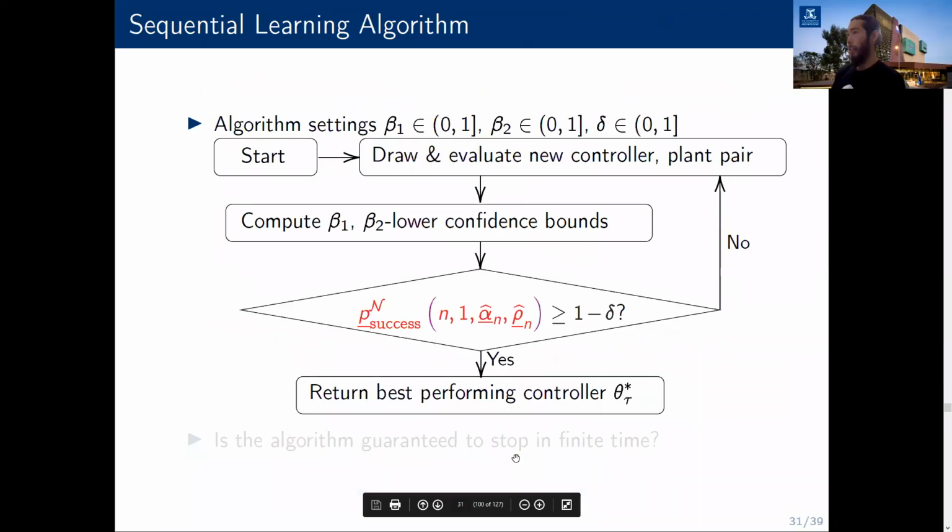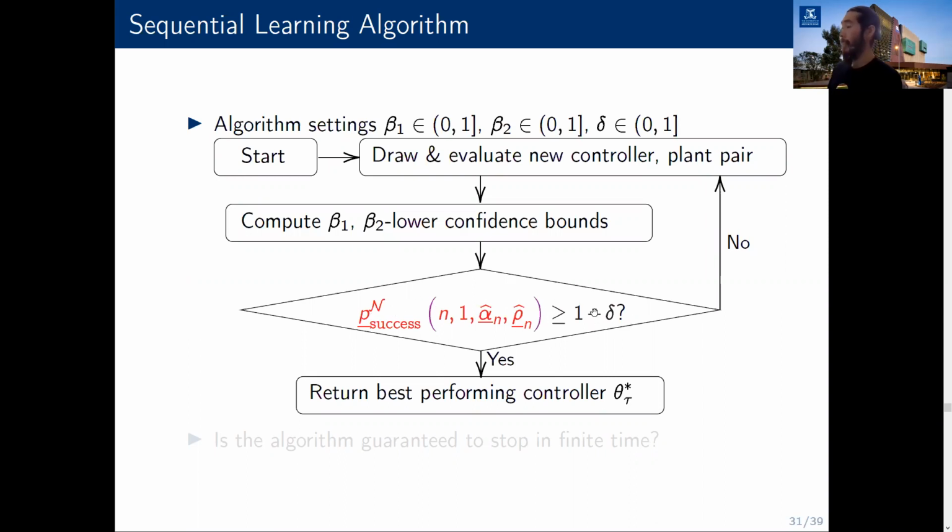And so going back to this algorithm again, this condition here that we check, this success probability lower confidence bound, is the Gaussian copula success probability lower confidence bound that we can evaluate from our lower confidence bounds computed from our sample.